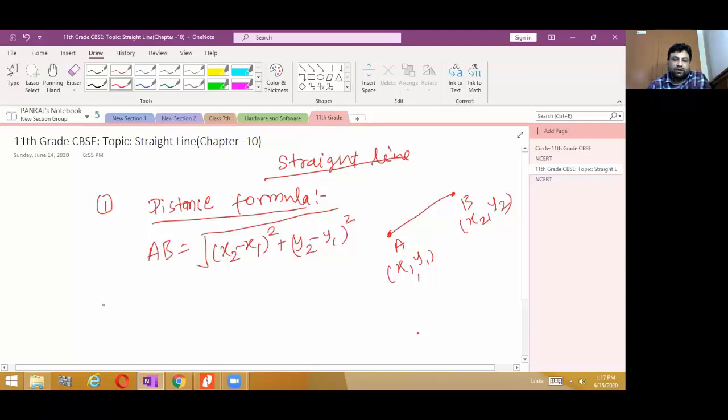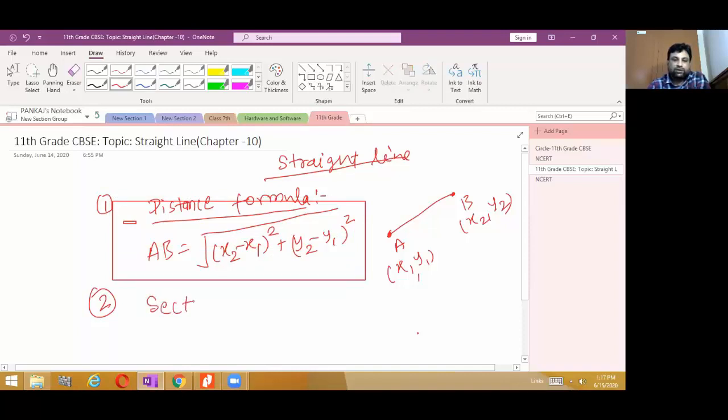Got it? Second formula, I am writing this formula within a rectangular box, so it will be easy for you. Distance formula.